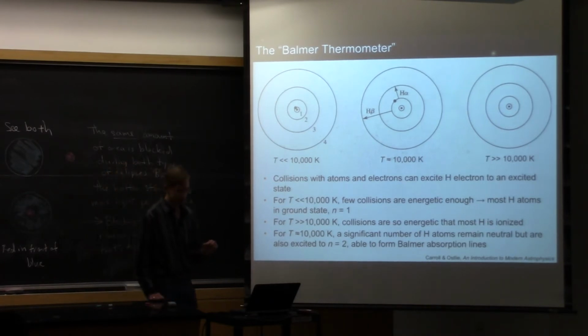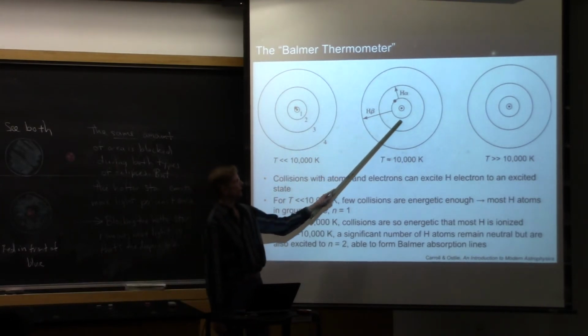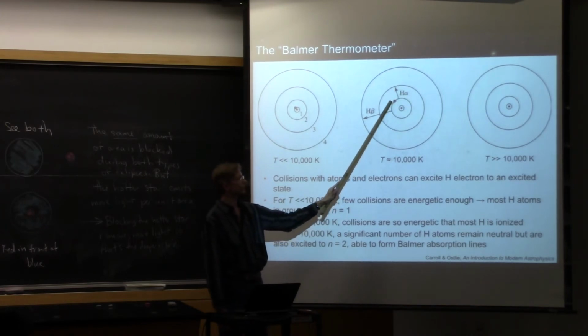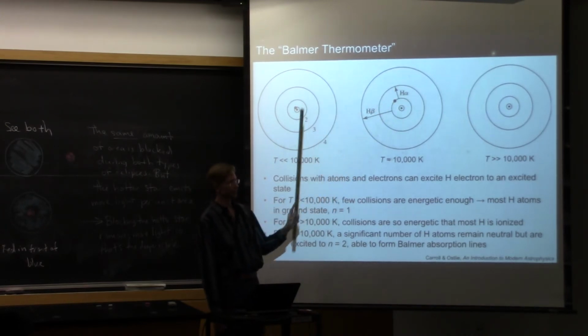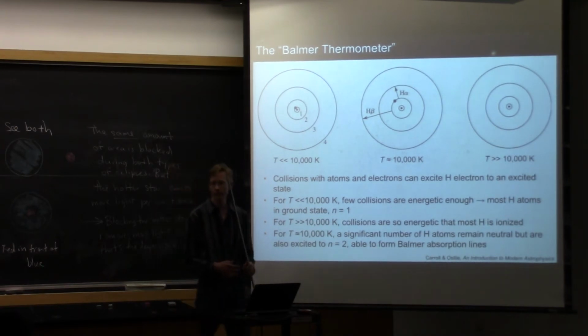So the thing is that for the visible light spectral lines of hydrogen to be absorbed by the star, remember that the electron has to be sitting in the second orbit out, the n=2 orbit away from the nucleus, the first excited state beyond the ground state, in order to absorb wavelengths that correspond to visible light.